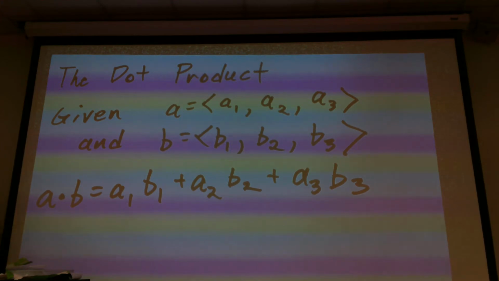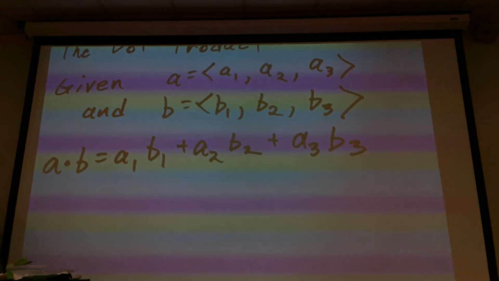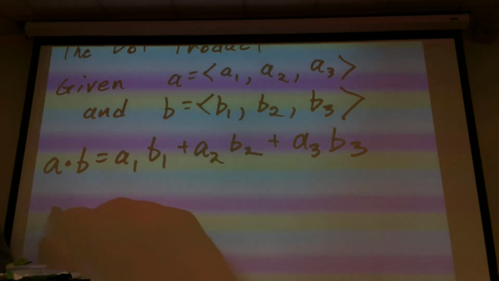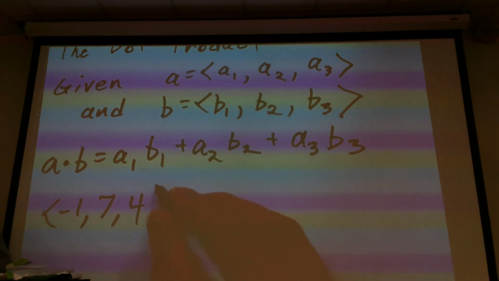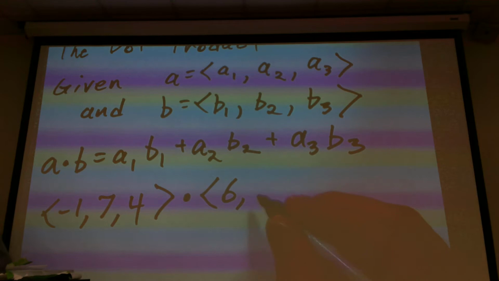Okay? So let's just do an example of this first. Let's say we had the vector -1, 7, and 4, and we're going to dot this with 6, 2, and -1/2.